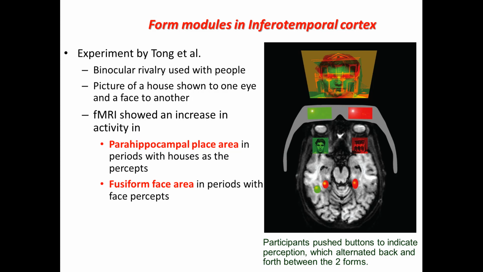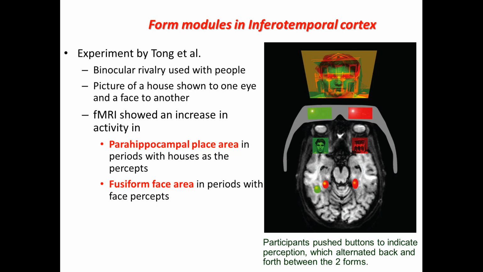While the participants did this task, their brains were scanned in a functional magnetic resonance imaging scanner, and it was shown that the activity in different parts of the brain correlated with the development of these perceptual decisions.